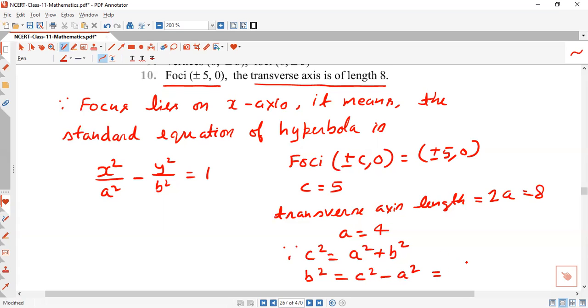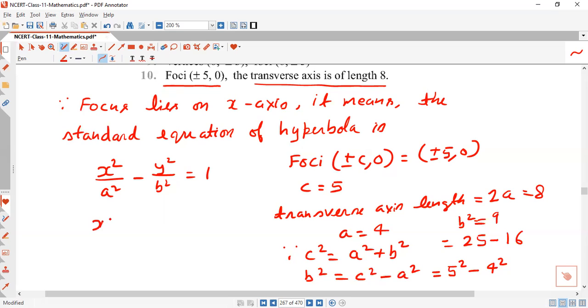So c is 5 square, and a is 4 square. So this will come out 25 minus 16, which means b square will come out 9.